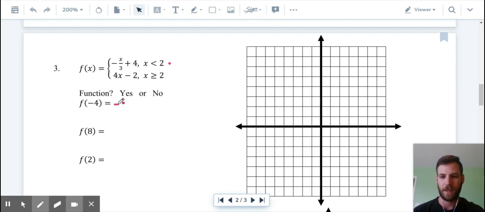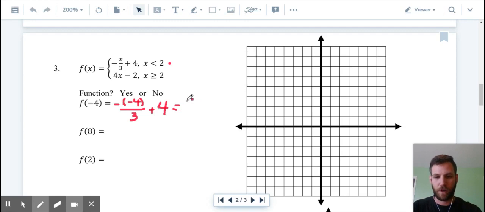So it'd be negative negative 4 over 3, which would basically become 4/3, plus 4. And we can just grab a calculator and do 4/3 plus 4 and get 5 1/3, or about 5.33.